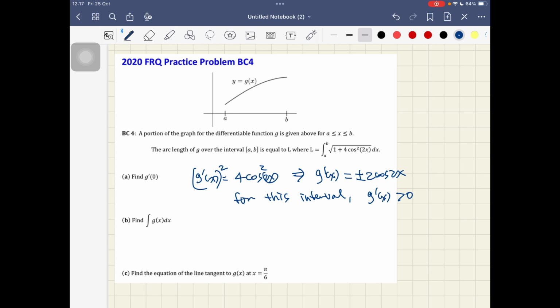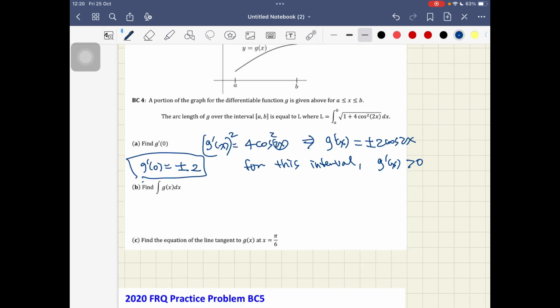But actually we are not sure about A to B, because A and B don't show what it is. This is a little bit vague question, so let's just make g prime of 0 plus or minus 2.